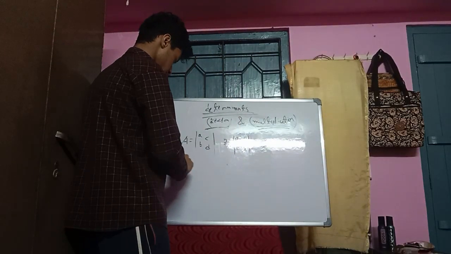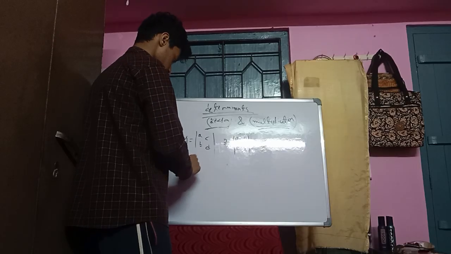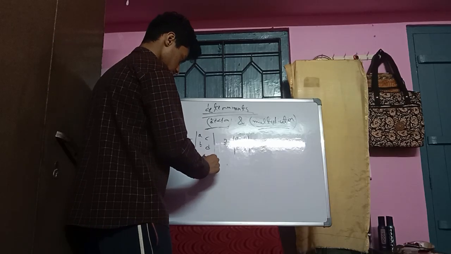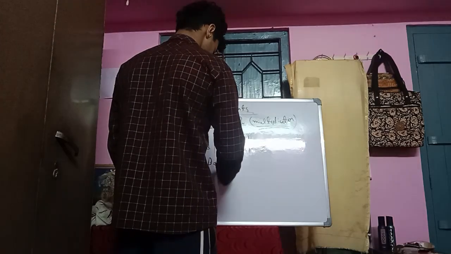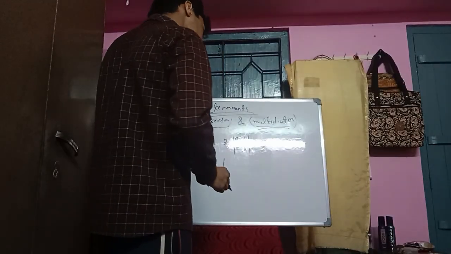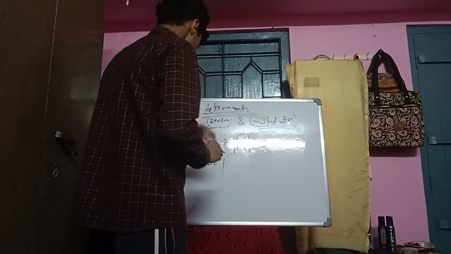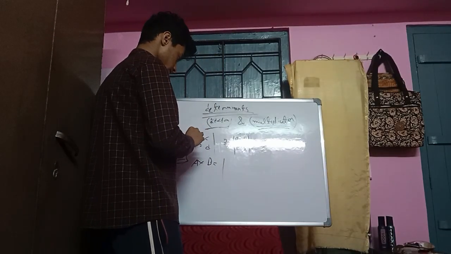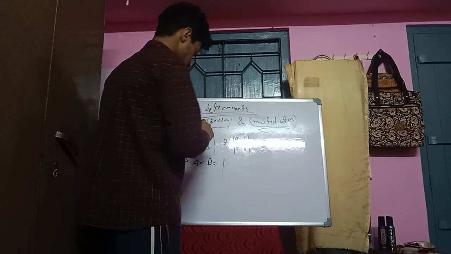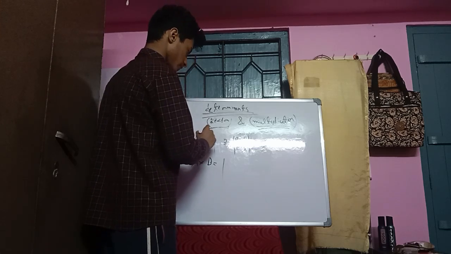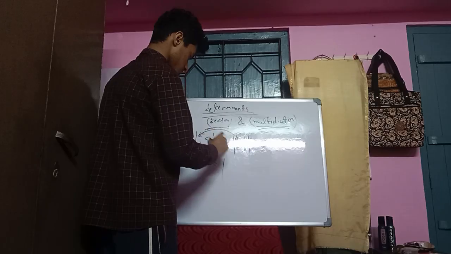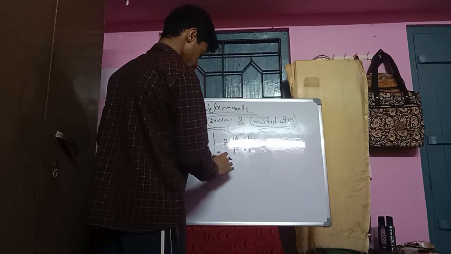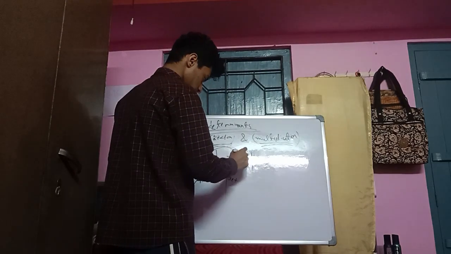Now, if you want to find out the product of these two determinants, we have to first multiply the first elements of both determinants. So it would give us AE plus CG.